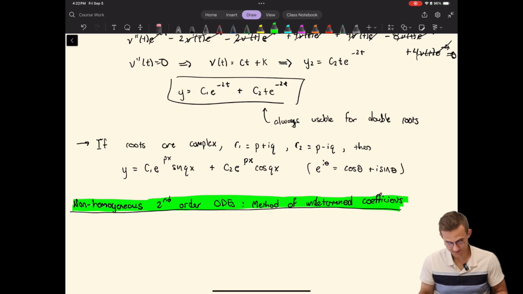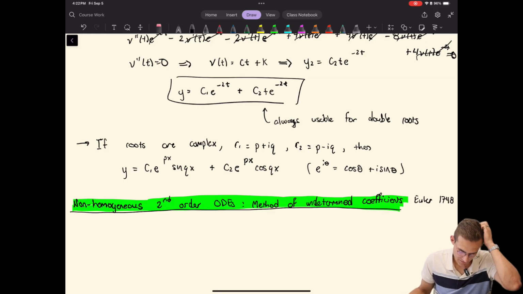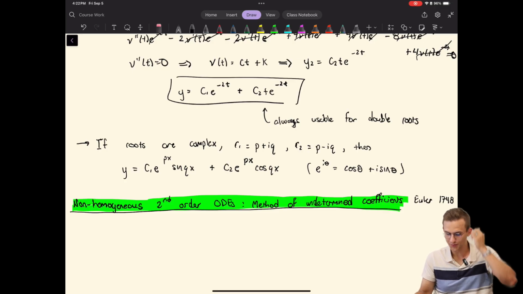Okay, this one also, just as a note, is also due to Euler. This time, he did this in 1748. And he actually found it when he was analyzing perturbations to Saturn's orbit by Jupiter.